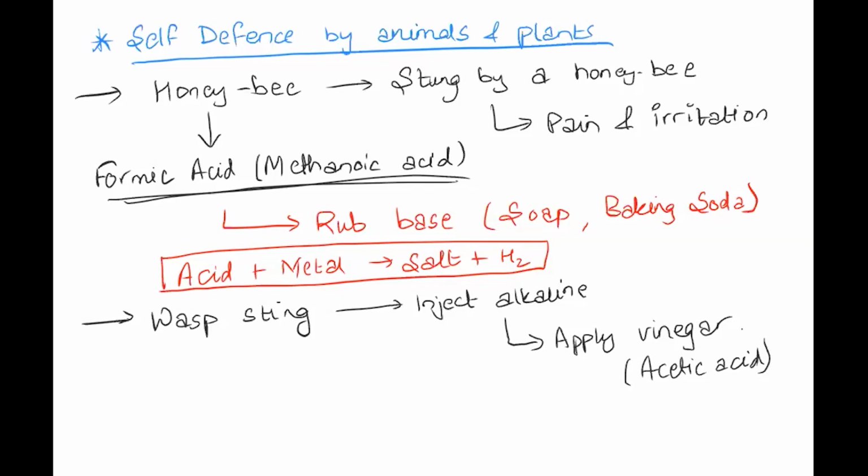So again we apply acid, so there is neutralization, and therefore this sting of wasp is neutralized and the pain and irritation are gone. Okay, so it's clear to you all now. Any doubts you guys have in this? No, sir.